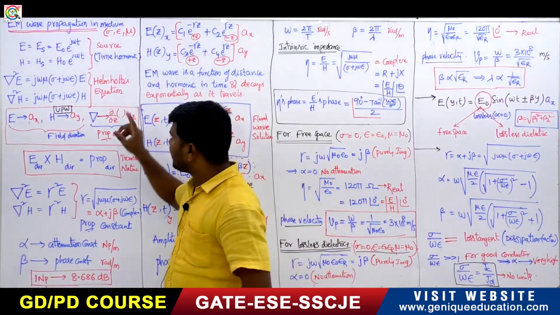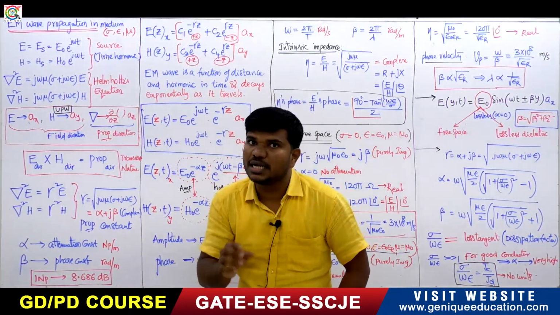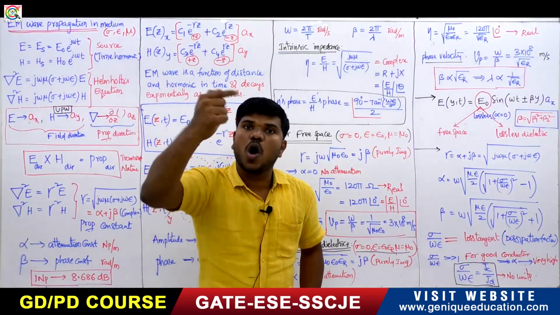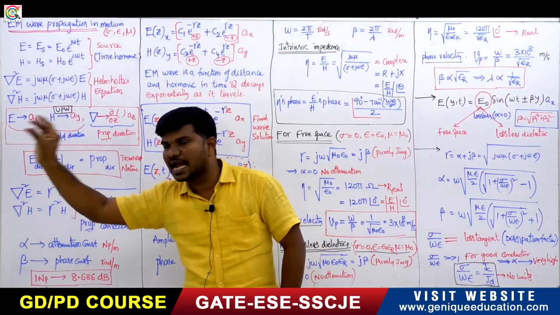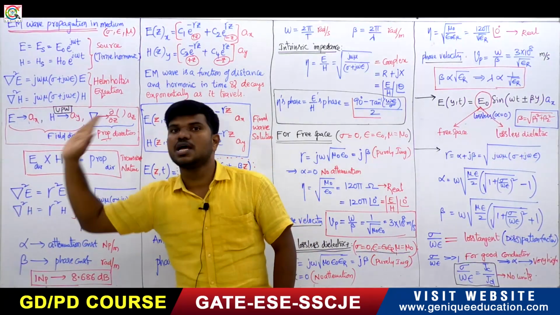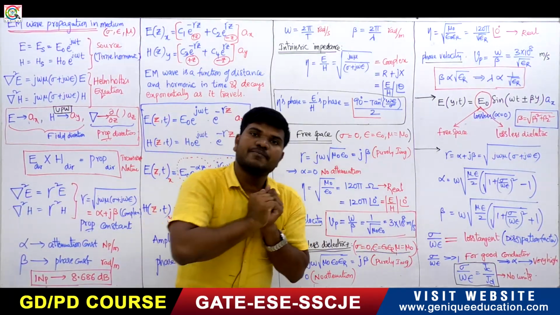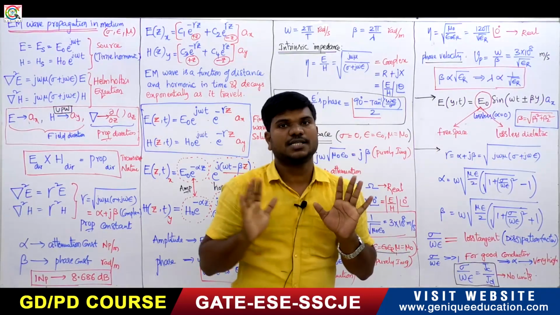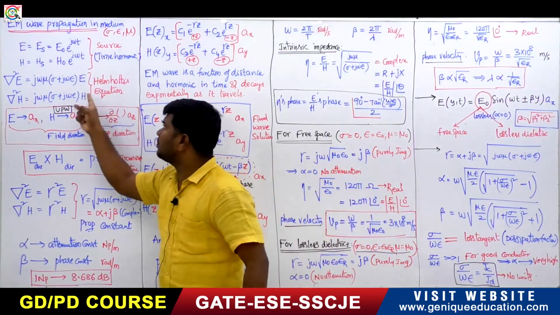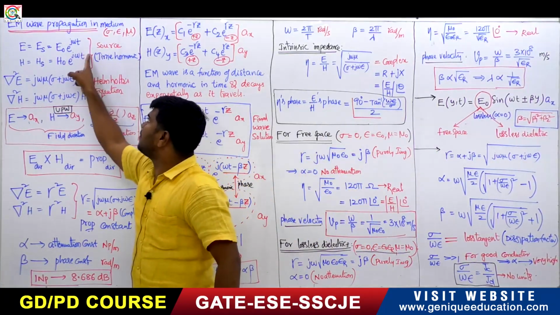From these two equations, we have to notice one thing: if the source at one end of the medium is time harmonic, the waves will propagate into space. That is the meaning of these equations.